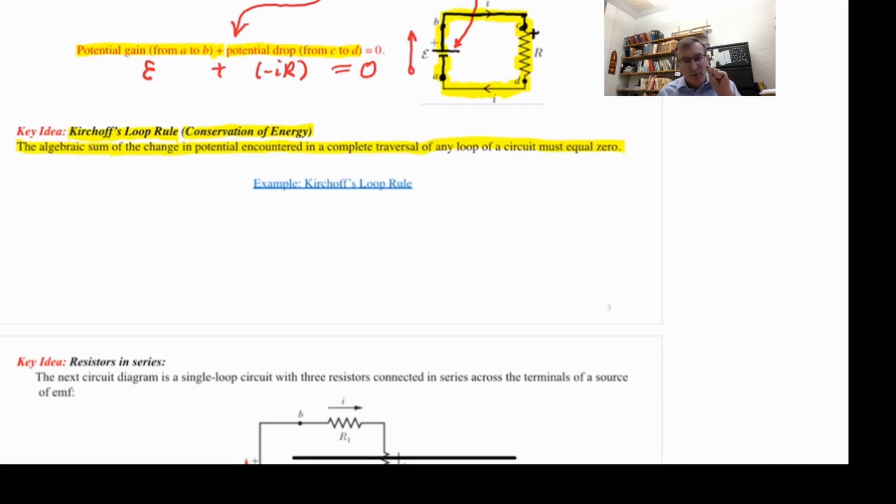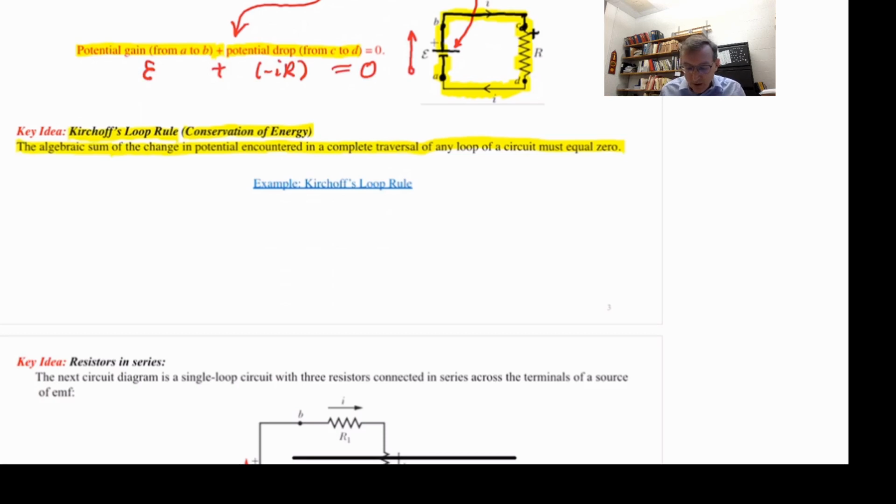What if I started at a point in the circuit with a certain amount of energy, went around once to the point where I started from, and didn't have that same starting energy anymore, but maybe had more? Well, then I've got a method of just creating energy. And I'm going to patent it and become the richest person to ever have lived. No, it doesn't work that way. You don't get energy for free.